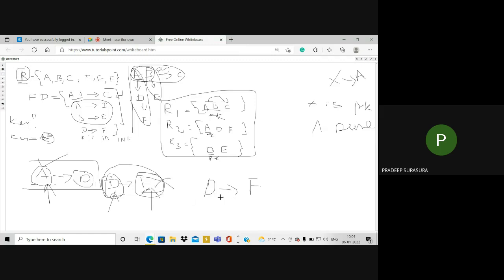So write down: FD D determines F violates third normal form as the non-prime attributes hold transitive dependency. D and F both are non-prime attributes, so this FD violates third normal form.